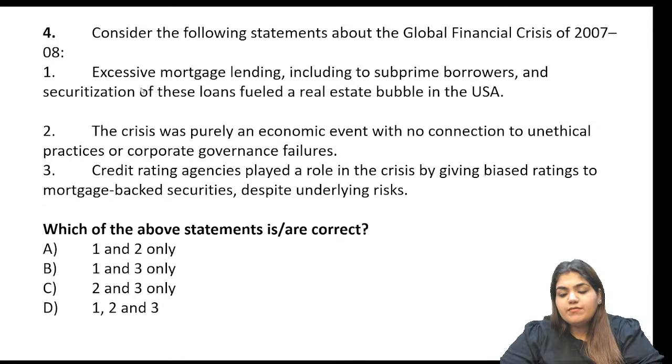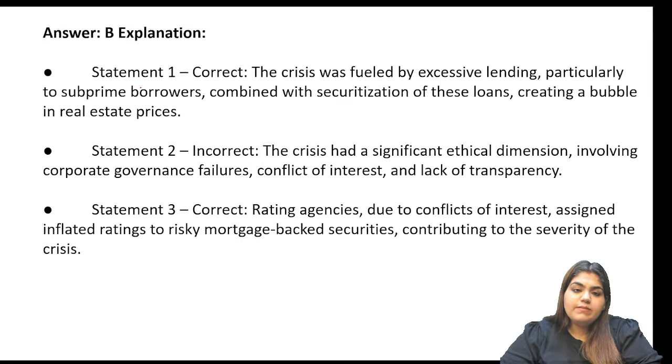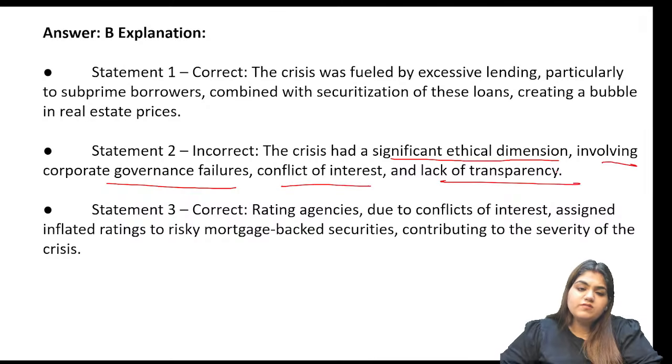Statement 1 is correct. Statement number 2 is not correct. B is the correct answer. The crisis had significant ethical dimensions involving corporate governance failure, conflict of interest, and lack of transparency.